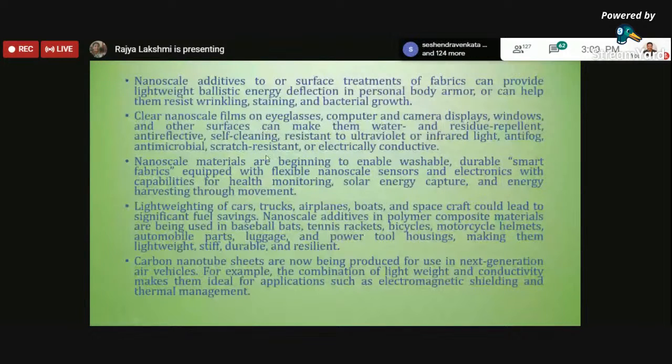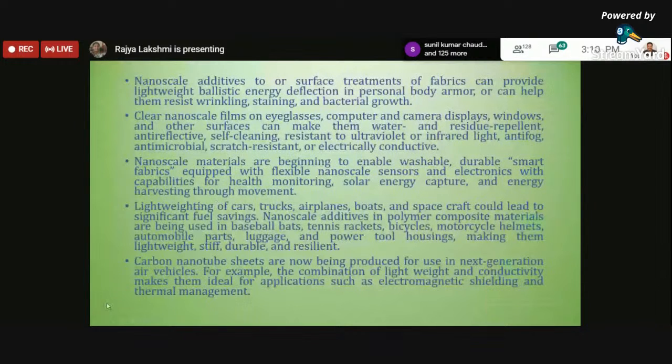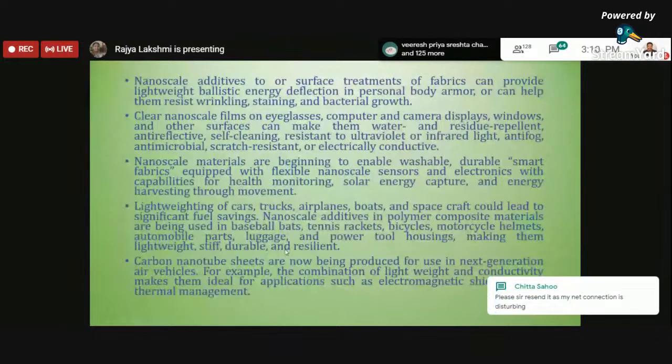Another important thing is that nanoscale materials are beginning to enable washable, durable, smart fabrics. Nowadays, people are trying to do this especially for military people, soldiers. They work in a very abnormal atmosphere. Whatever fabric or clothes they use should be as light as possible.